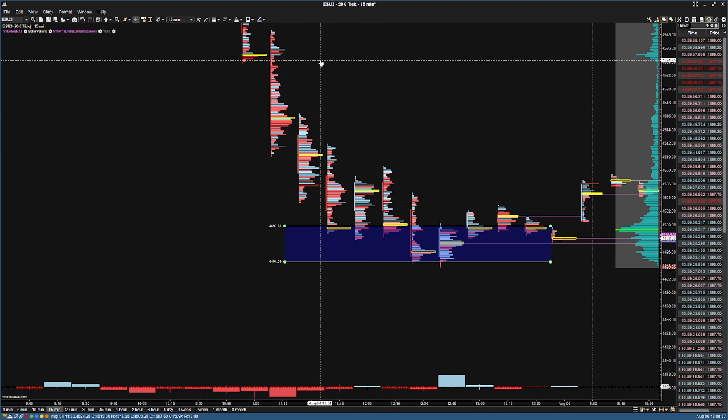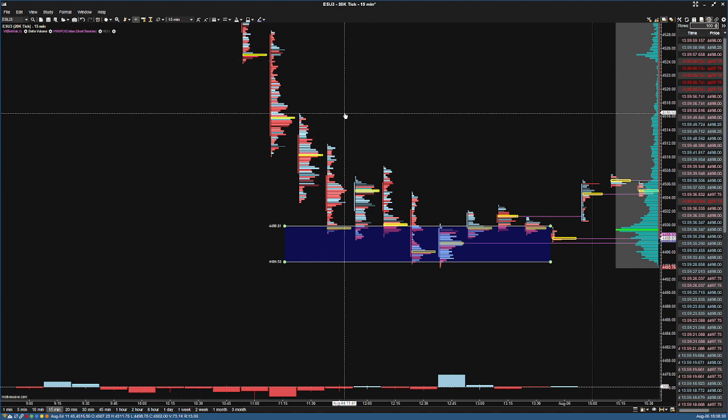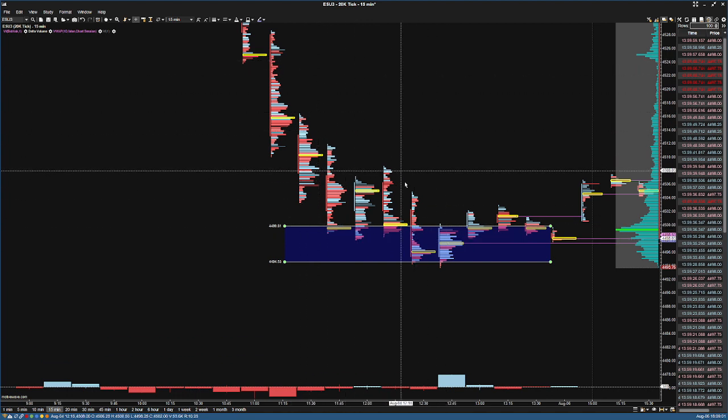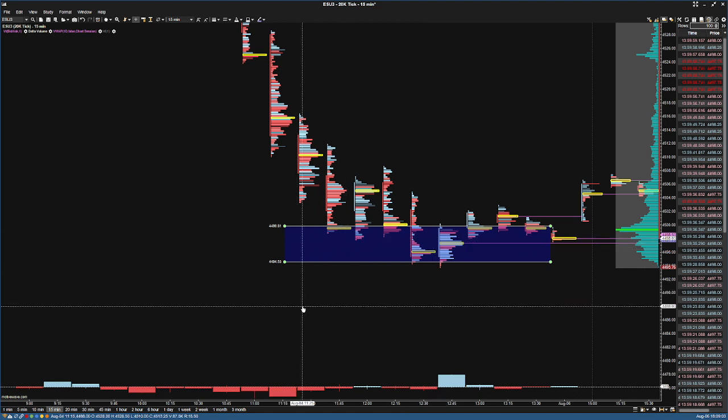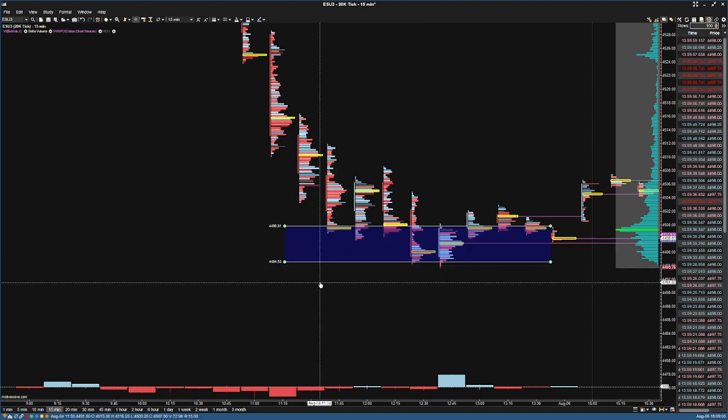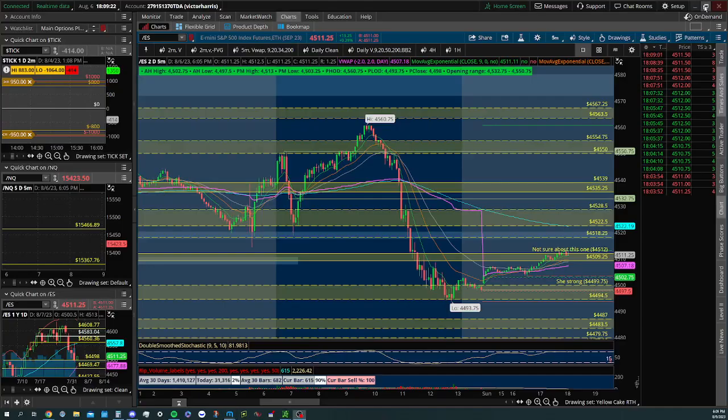It could also be shorts getting out of all their positions, so they're buying stuff up. But we got pretty much 4494, 4495 to 4,500. So that's a nice 5-point zone there.